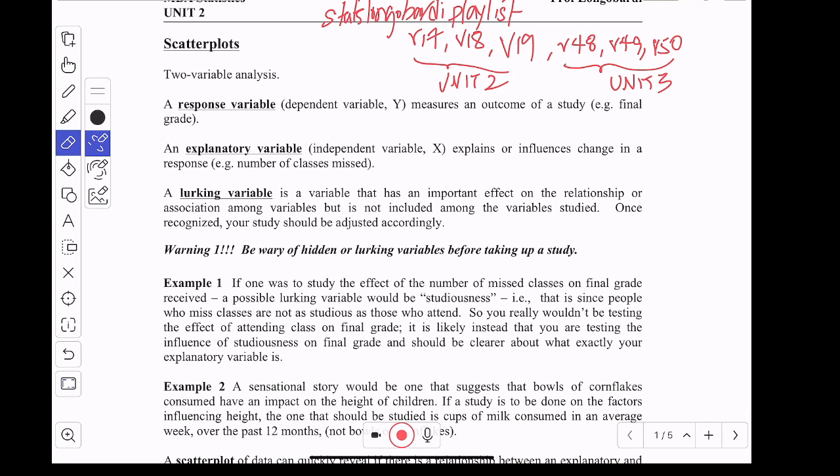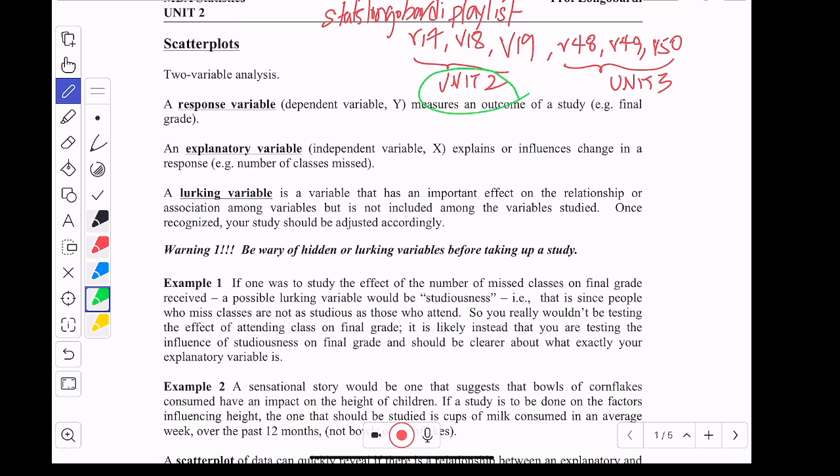Who did not see these ones? You should have seen those already. No one wants to admit.